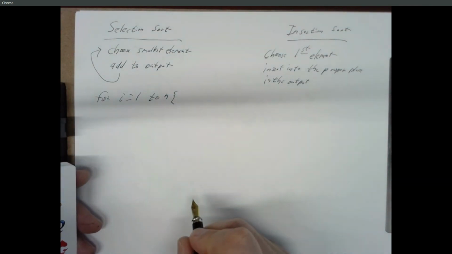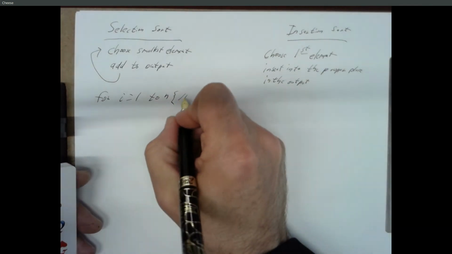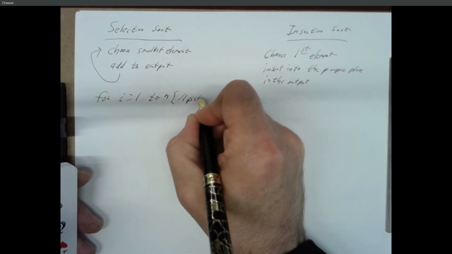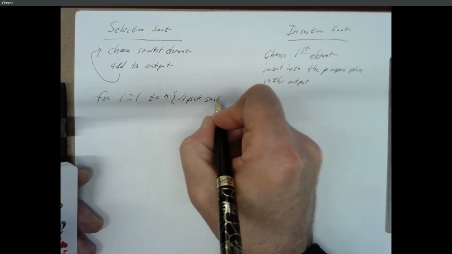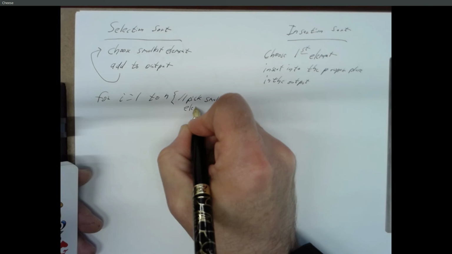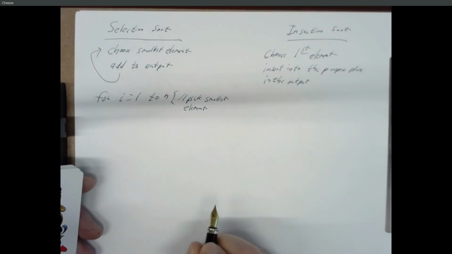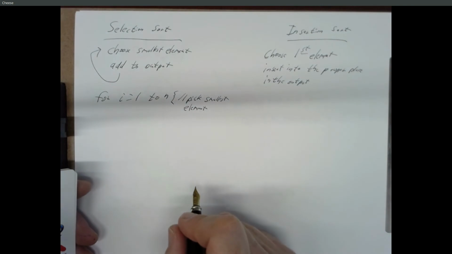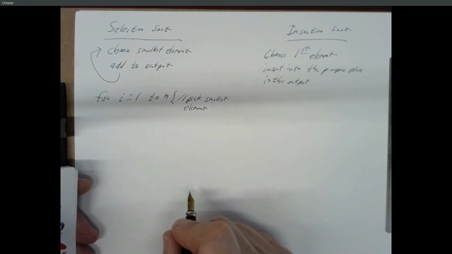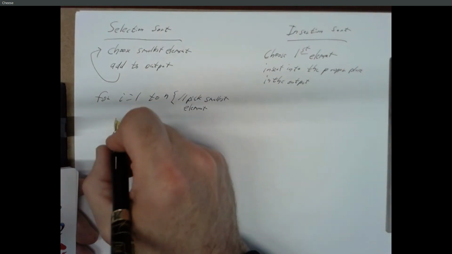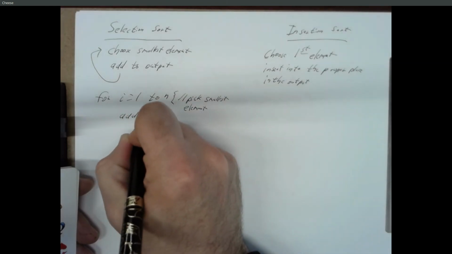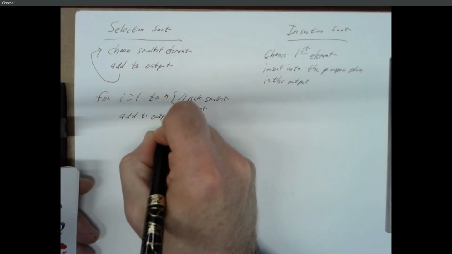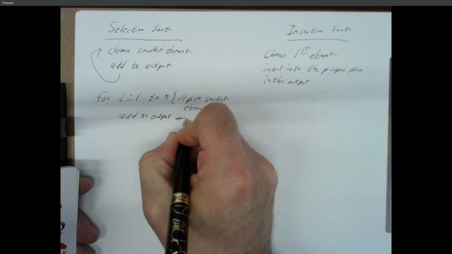And in each pass, you're going to pick the smallest element. And then in an inner loop, we need to just add to the output array.